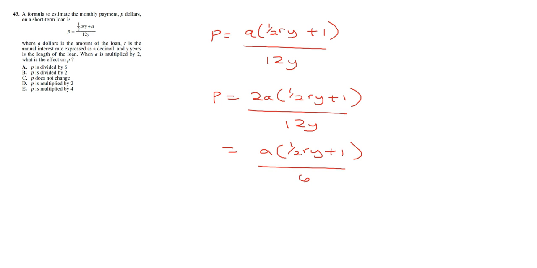Now what we see here is that the value of P has actually doubled, because here we have division by 12 and then we have division by 6. For you to get division by 6, you're actually multiplying the whole thing by 2. So P is multiplied by 2.